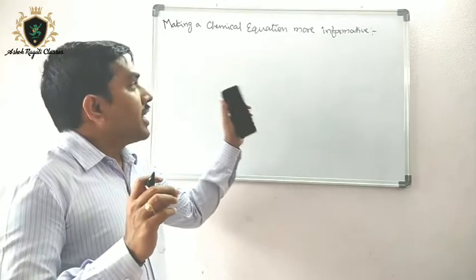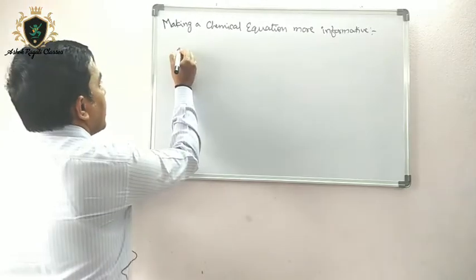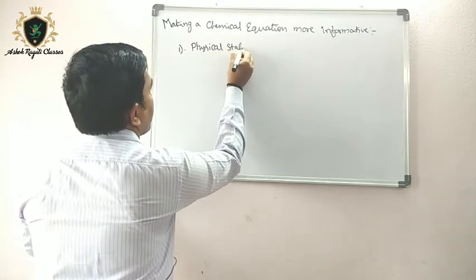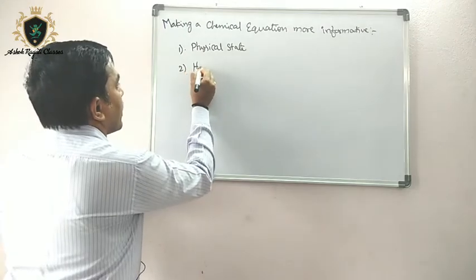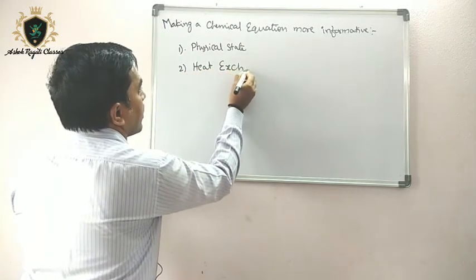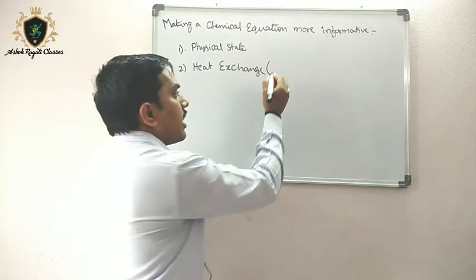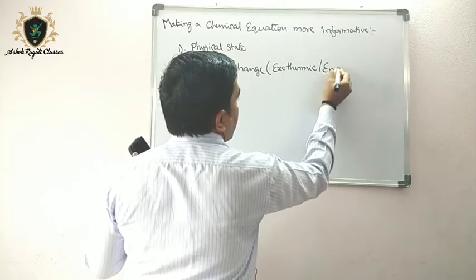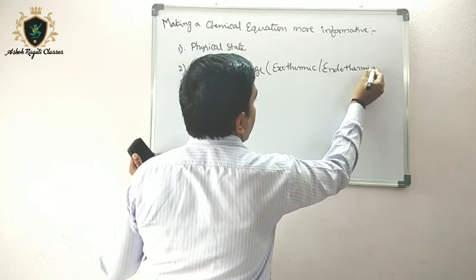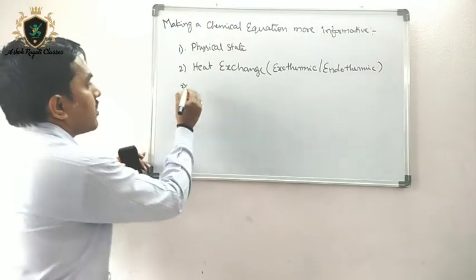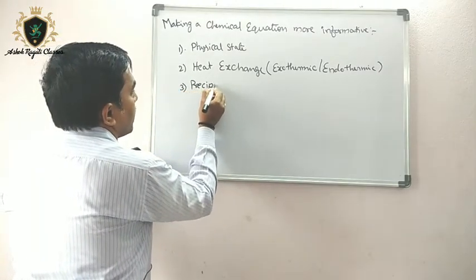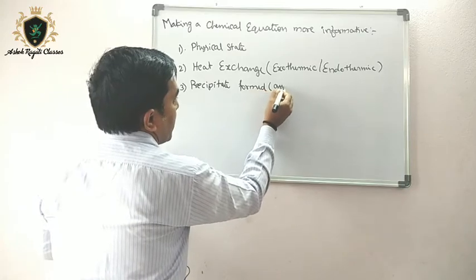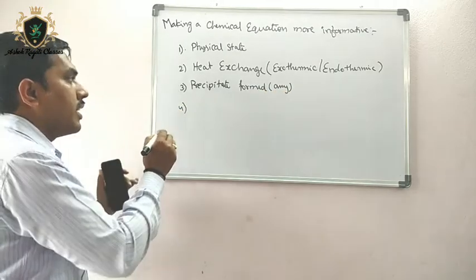Making a chemical equation more informative: first, state by mentioning the physical state; second, heat exchange, meaning exothermic or endothermic; third, precipitate formed, whether any precipitate is forming; and fourth, whether any gas is evolved.